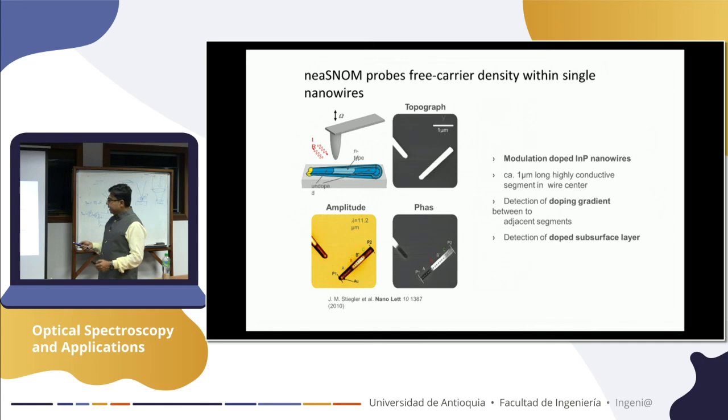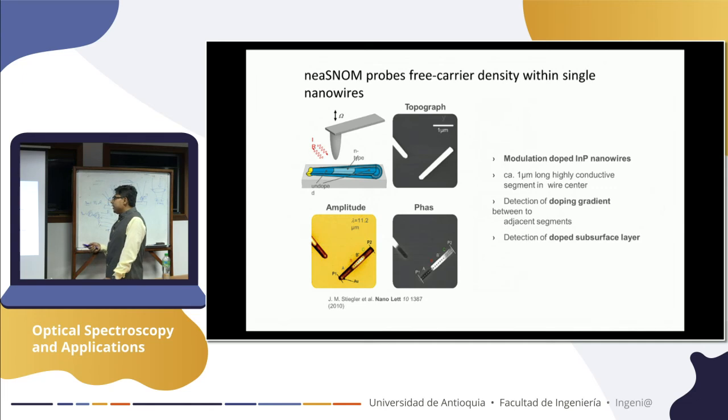The farther away you go, your signal amplitude goes down, and as soon as you touch it, it goes down again. So you have to maintain tens of nanometers, because the near field stretches from the tip about 50 nanometers. You want to be within that range of scanning.